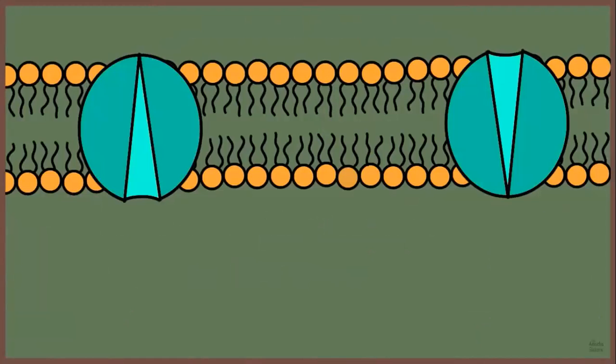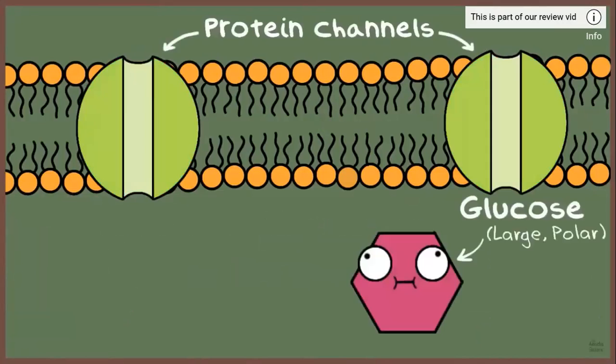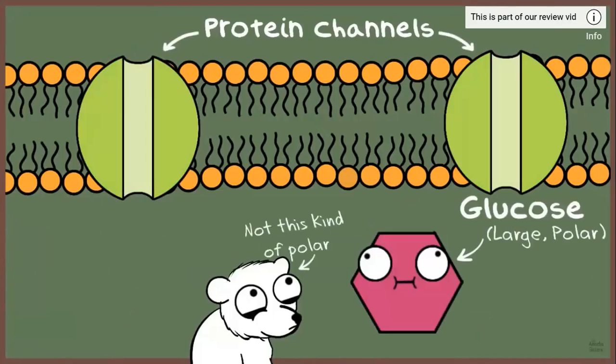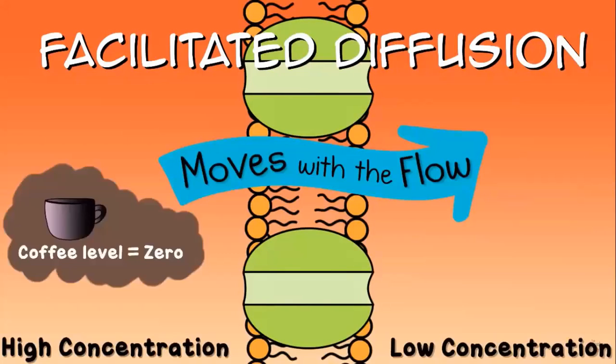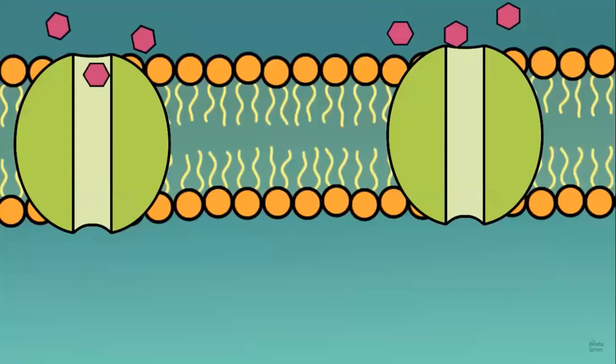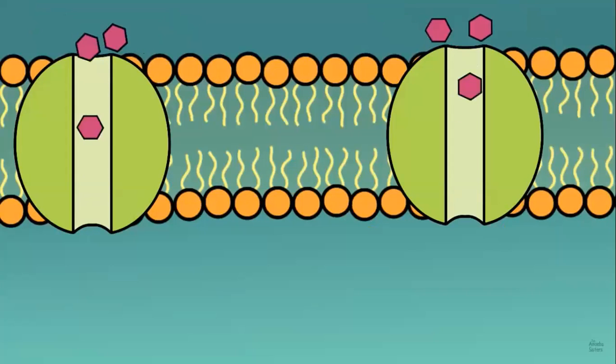All of these are good things because it's helping with molecules that may be too big to cross the membrane on their own, or molecules that are polar and therefore need the help of a transport protein. This is known as facilitated diffusion. It's still diffusion, and it still moves with the concentration gradient of high to low. It doesn't require energy, though, so it's also a type of passive transport. It's just the proteins are facilitating or helping things pass.